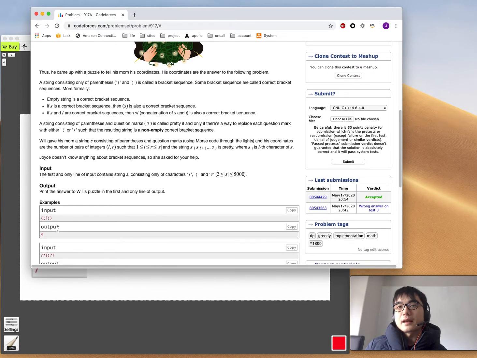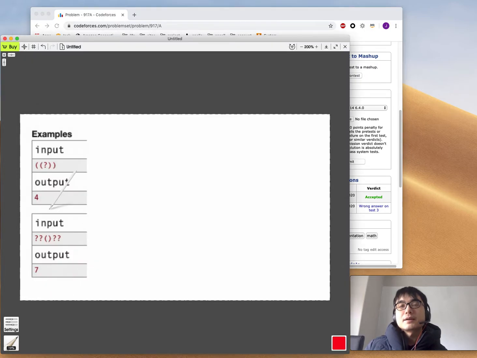So why is the output for the test 4? It is because let's check all of its substrings, right? So the substrings starting from the first character are this one, only a left parenthesis, which is not valid, right?